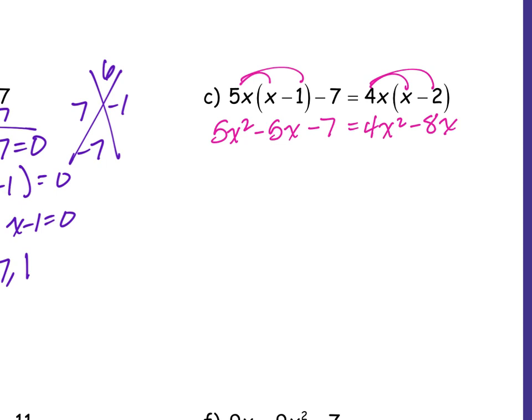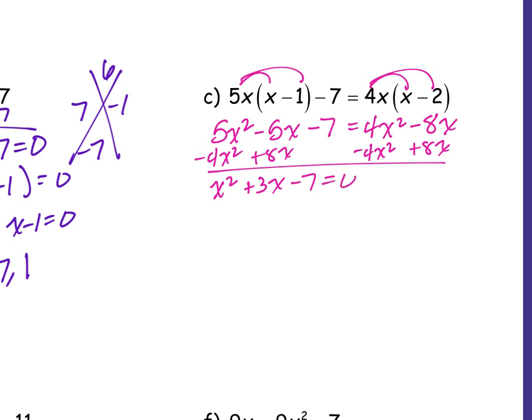So I'm going to bring everything to the same side of the equal sign. So subtract 4x squared and add 8x. So I get x squared plus 3x minus 7 equals 0. Not factorable. Can't factor it, because the only thing that multiplies to be 7 is 7 and 1. You can't get a 3 from that.